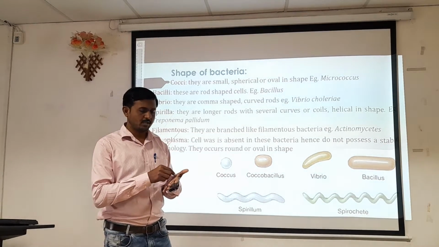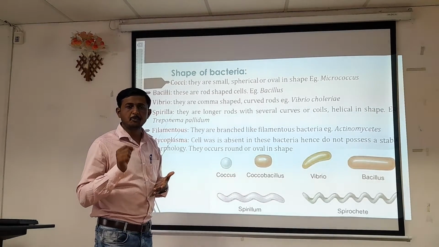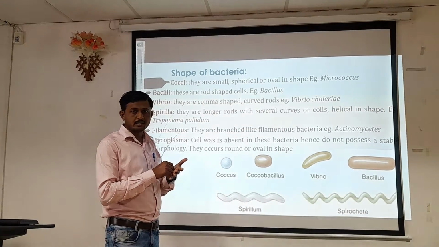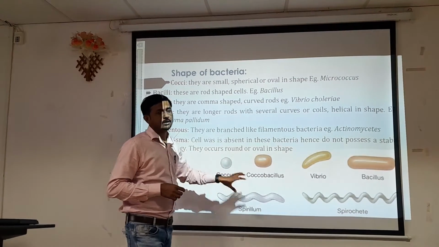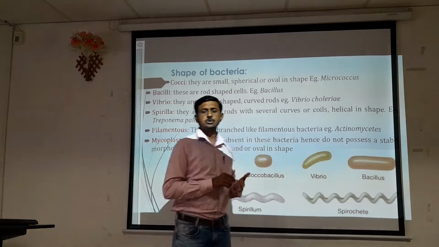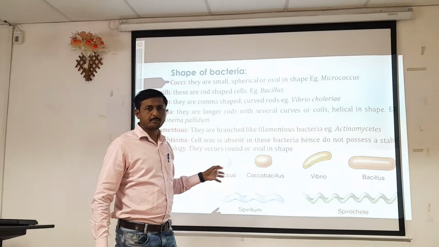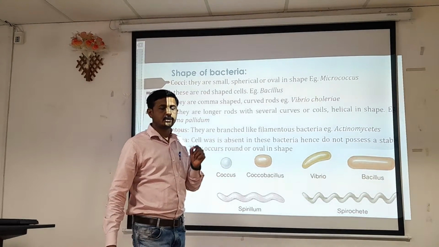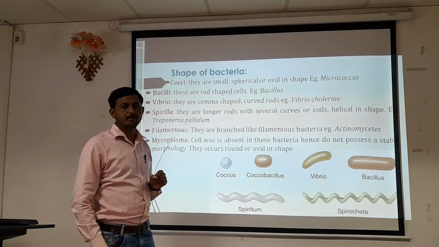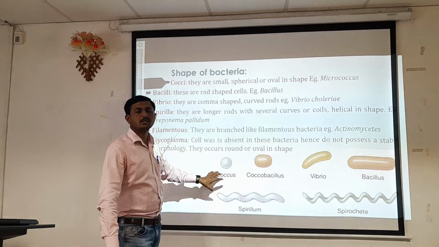Suppose we have taken an unknown bacterial culture and under the microscope it appears blue in color. So we can say the gram stain characteristic is gram positive. It looks like a bacillus shape. By performing this procedure, we can record the typical characteristics of that bacterial cell after observation under the microscope.